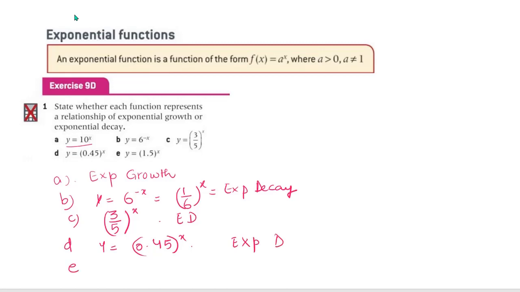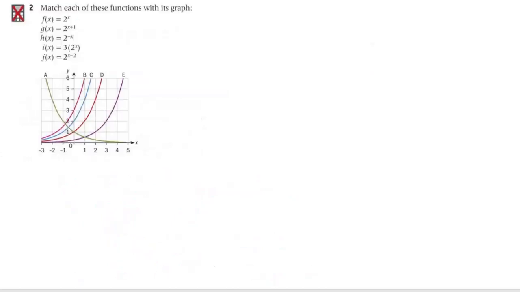Part E, y is equal to 1.5 to the power x. Yes, it is exponential growth. I hope you would have understood. Now come to the next question.